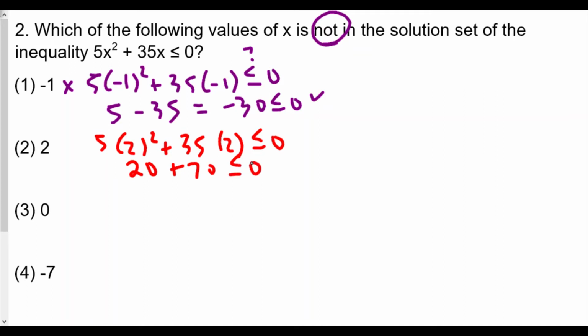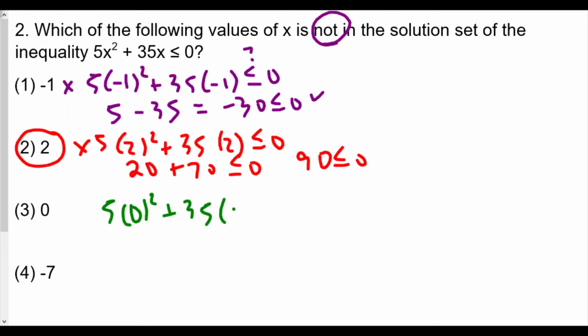This is 90. 90 is not less than or equal to 0, so it looks like choice 2. If we plug in 0 just to make sure, 5 times 0 squared plus 35 times 0 is equal to 0, and that's less than or equal to 0, so that works out.